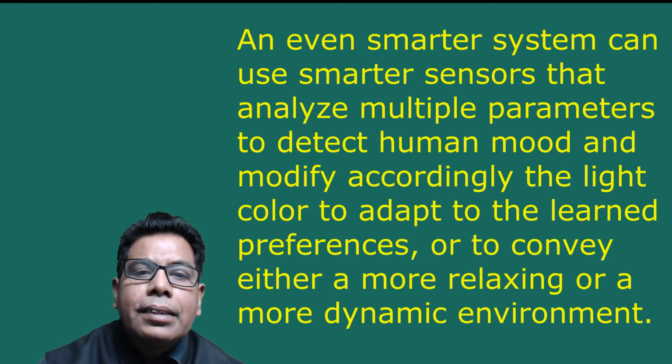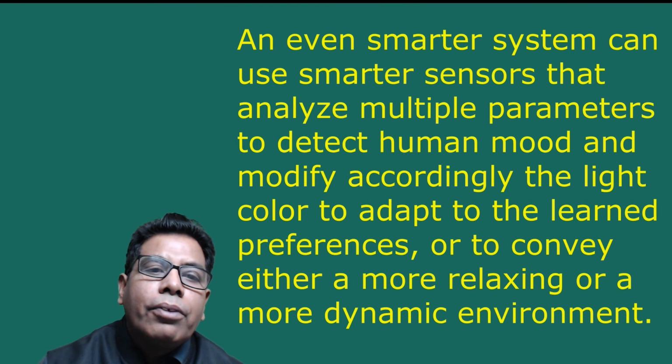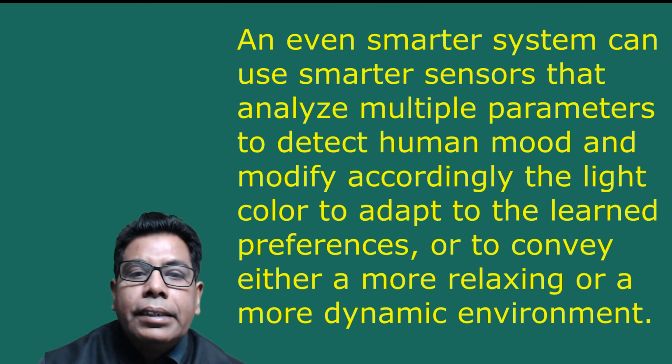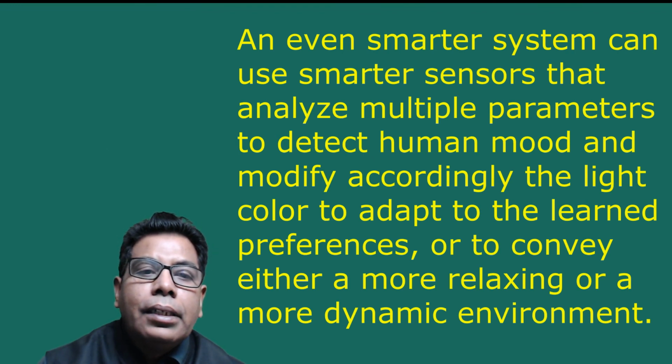An even smarter system can use smarter sensors that analyze multiple parameters to detect human mood and modify the light color according to the learned preferences or to convey either a more relaxing or a more dynamic environment. The lesson learned is always that architecting open IoT systems allows for increased efficiency over time.